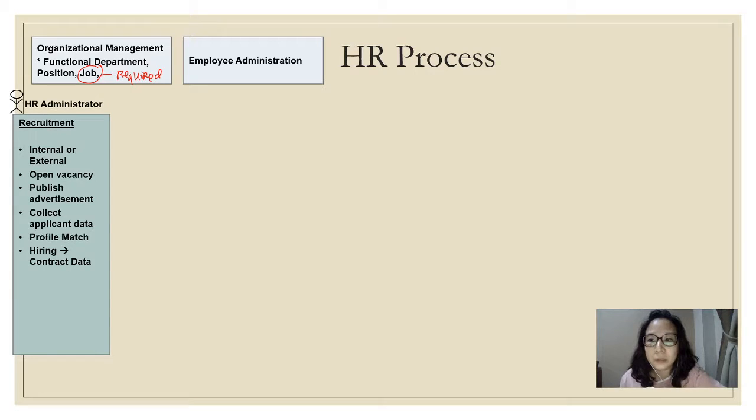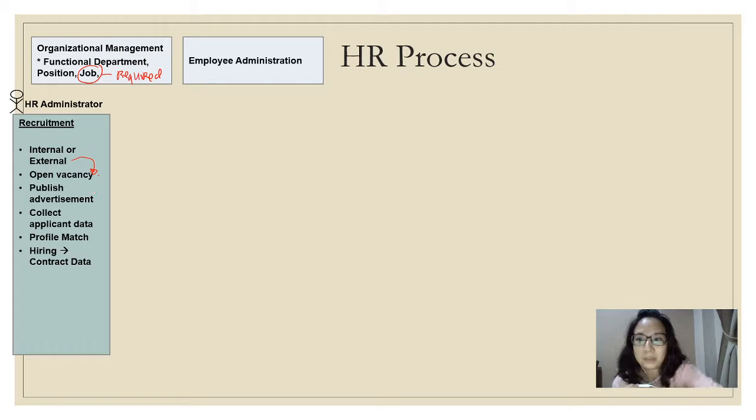Okay, so it means if we decide that we want to do the external recruitment, we will open the vacancy. After the HR administrator opens the vacancy, then it will publish the advertisement.